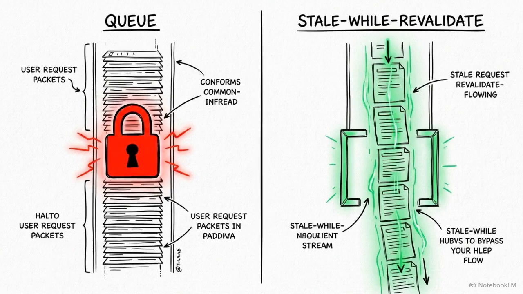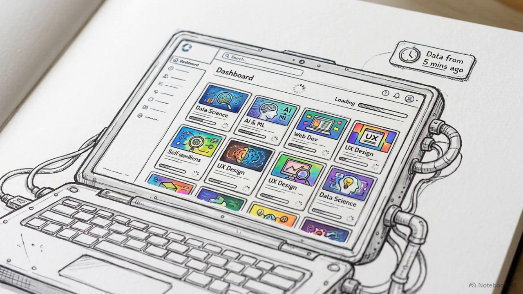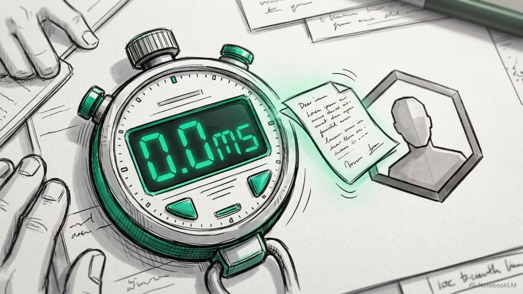Engineers try to mitigate this with complex locking mechanisms to queue the requests, but the optimal strategy is a pattern called stale while revalidate. Stale while revalidate intentionally serves slightly outdated data to the user pool. When a key expires, the cache does not delete it. Instead, it instantly returns the stale data to maintain zero latency for the user.